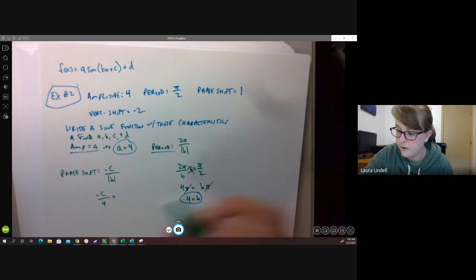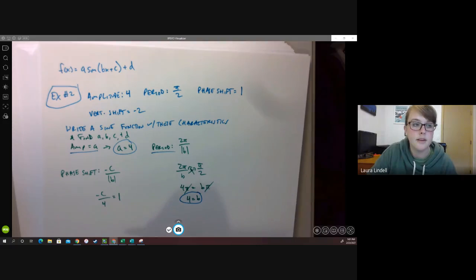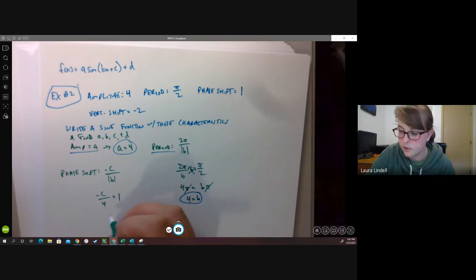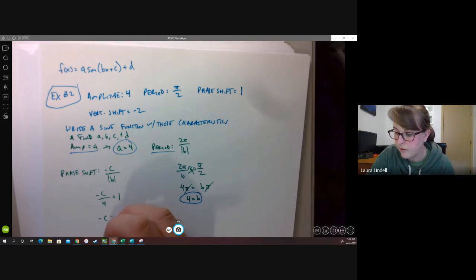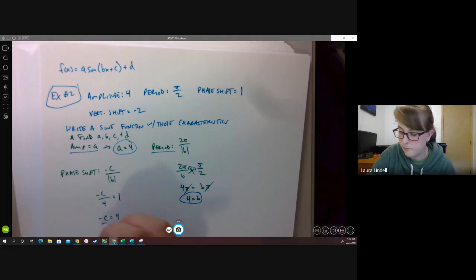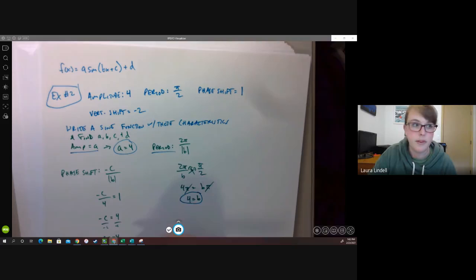And we know that our phase shift is 1. And just by looking at this, you can tell that it's probably going to be negative 4. But we can solve it by multiplying by 4 on both sides to get negative C equals 4. And then we can divide by negative 1 on both sides to get that C is negative 4.